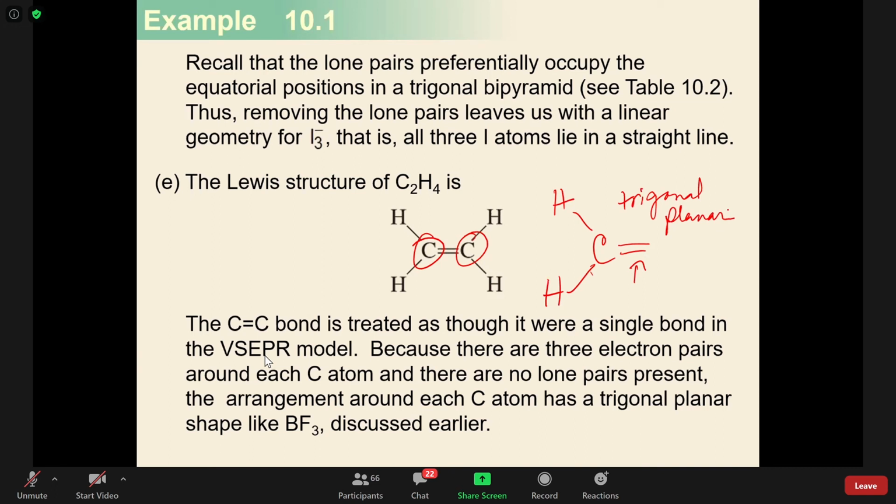And if we want to consider the second carbon, well, it's exactly the same thing, only I'm going to flip it, right? I think my stylus just ran out of gas. I'm going to have to charge it up a little bit here. Okay.